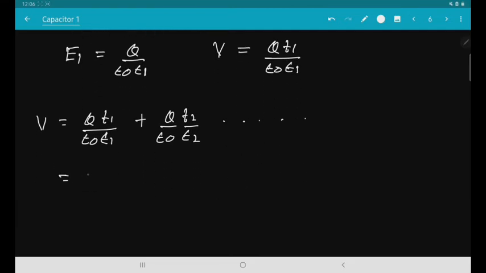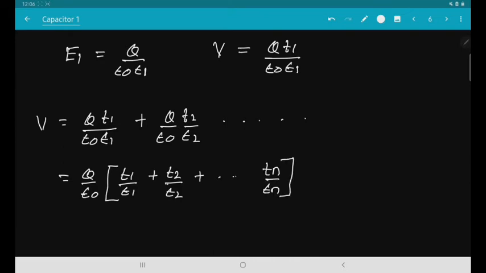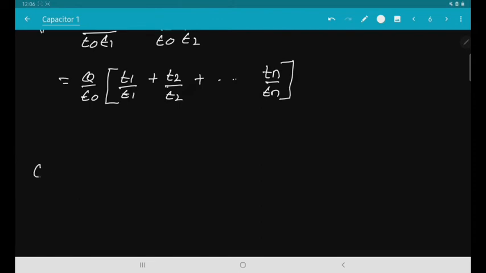So we can take this Q divided by epsilon naught common, and inside what we will have is T1 by epsilon 1 plus T2 by epsilon 2 plus maybe n number of dielectrics are there. So from this we can easily find what is the capacitance.